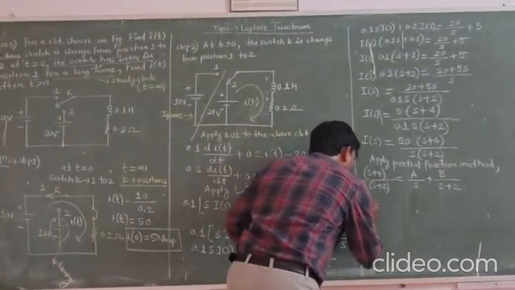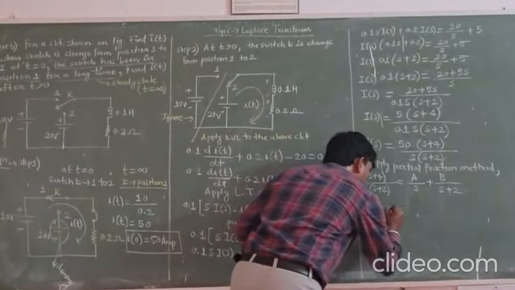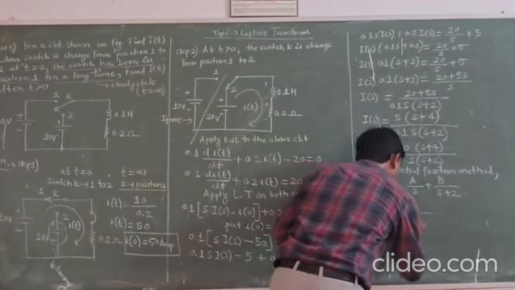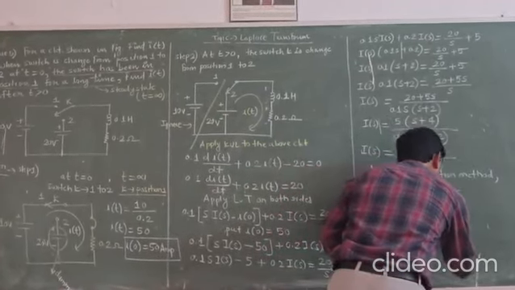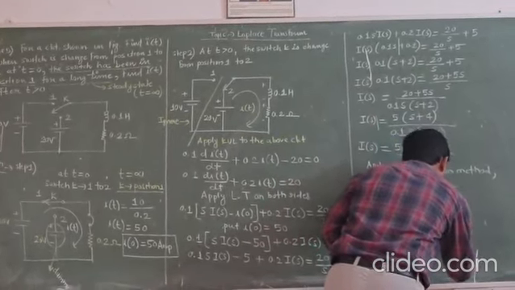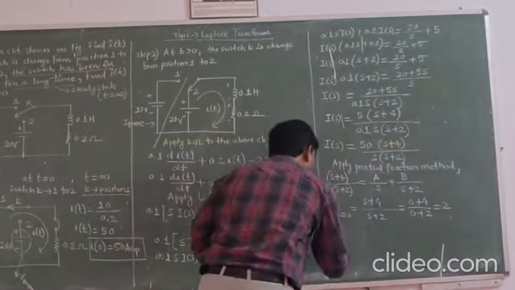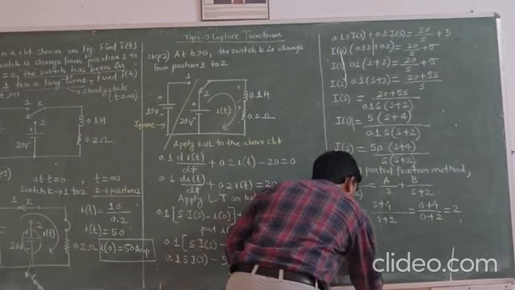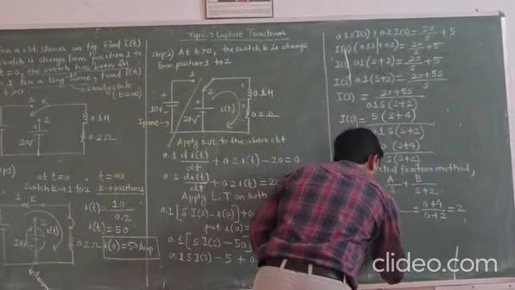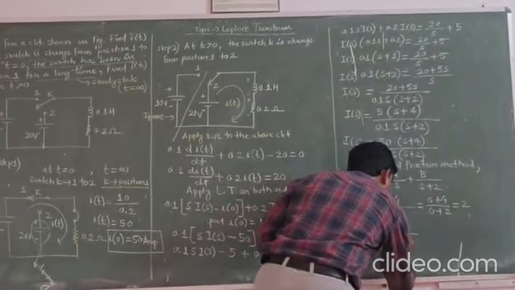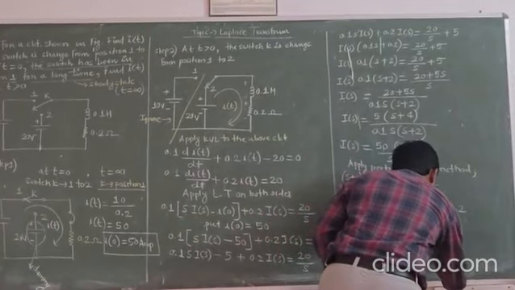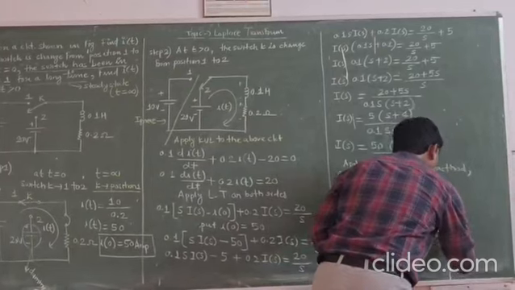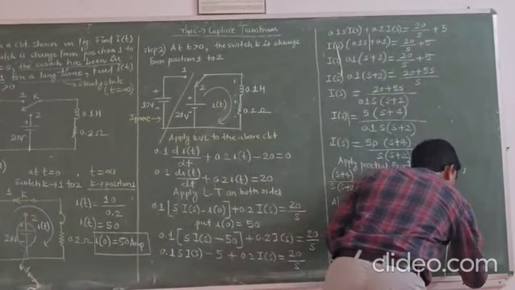So a, at s equals to 0: s plus 4 divided by s plus 2, that is 0 plus 4 divided by 0 plus 2 equals to 2. b, at s equals to minus 2: s plus 4 divided by s, that is minus 2 plus 4 divided by minus 2, equals to 2 by minus 2, that is minus 1.